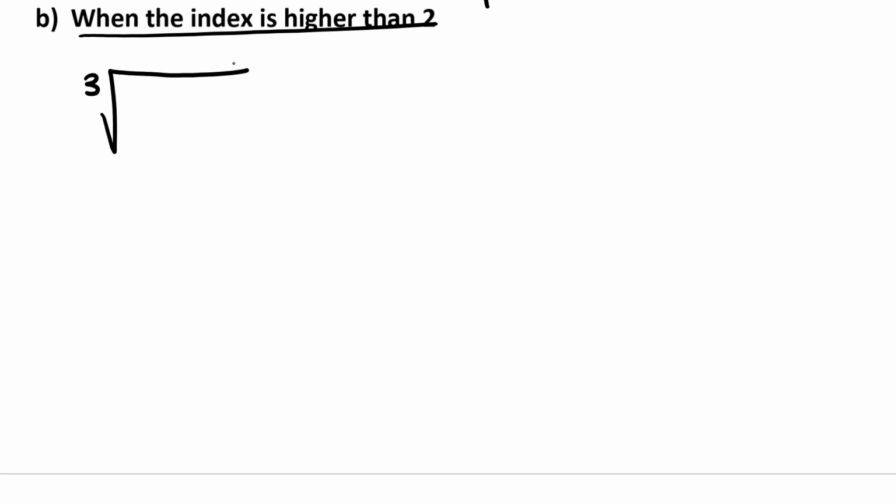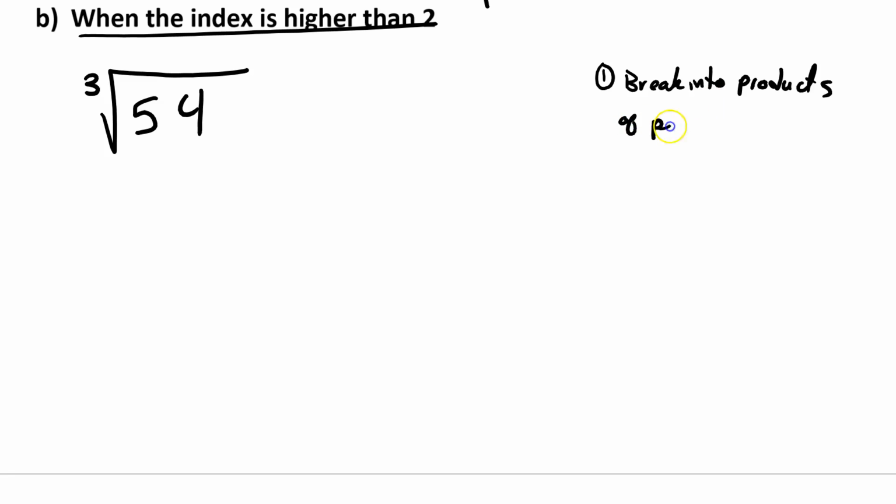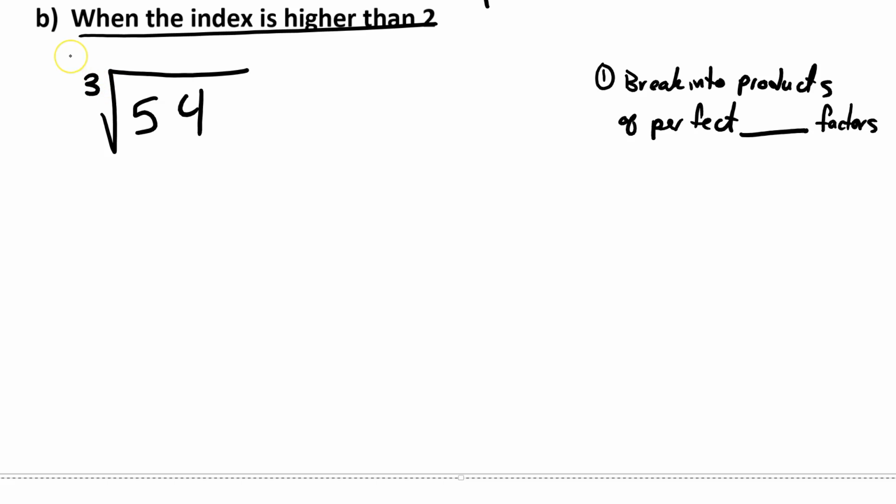Okay, well, what happens if the index is higher than 2? What happens if I have the cubed root of 54? Well, the same principles abound, right? So you want to break into products of perfect, I'm just going to say fill in the blank factors, because it might be a 3, it might be a 4, it might be a 5.